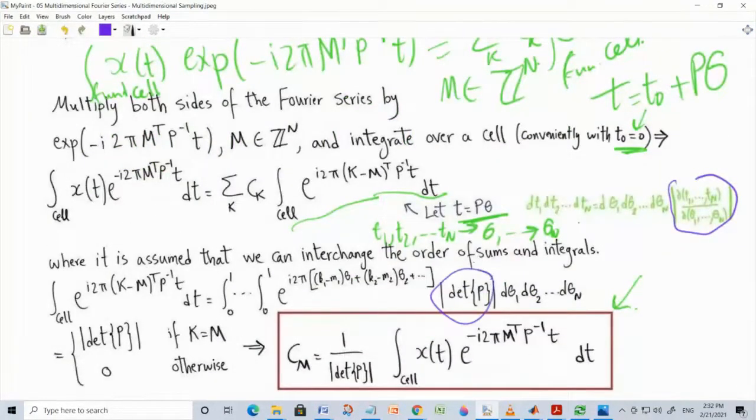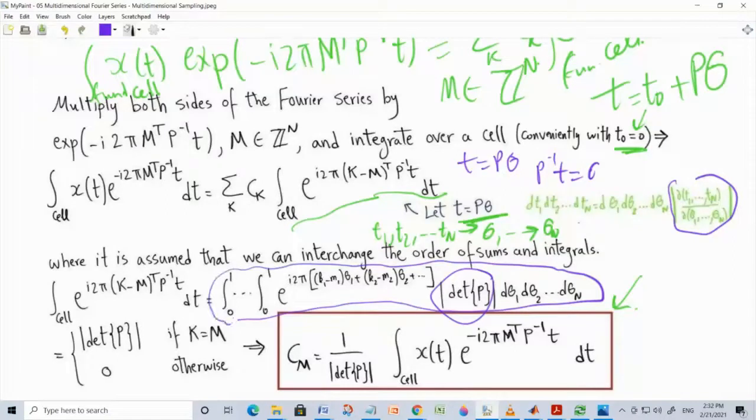As you know from your multivariable calculus class, and then you have the d thetas. If t is equal to P theta, then P inverse t is equal to theta, and now we have an integral that looks like this.